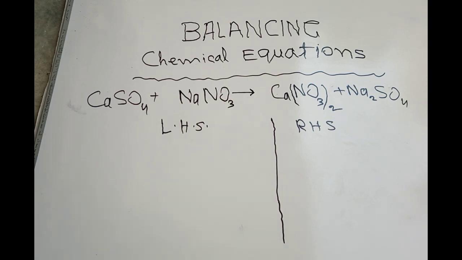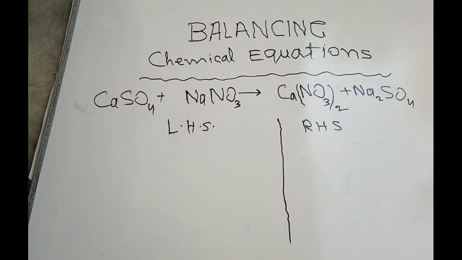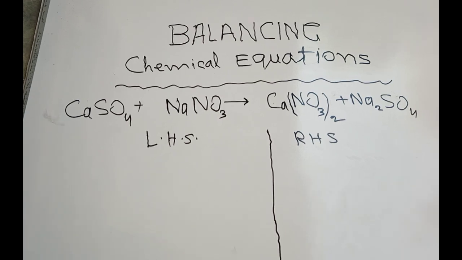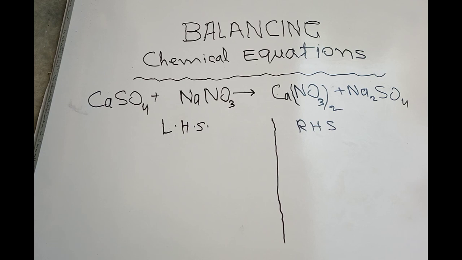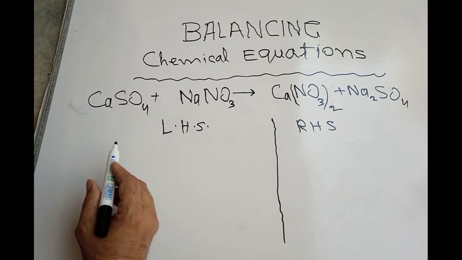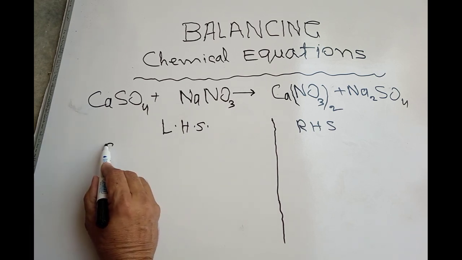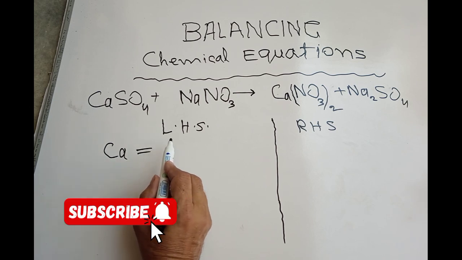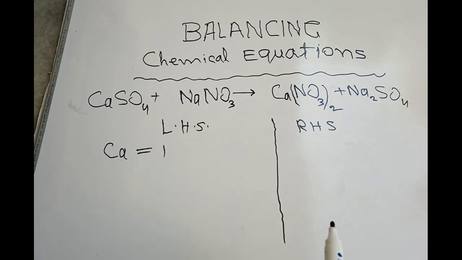Here one thing should be kept in mind. In a polyatomic equation, these ions are considered to be one thing. For example, we have Ca on this side, Ca 1.